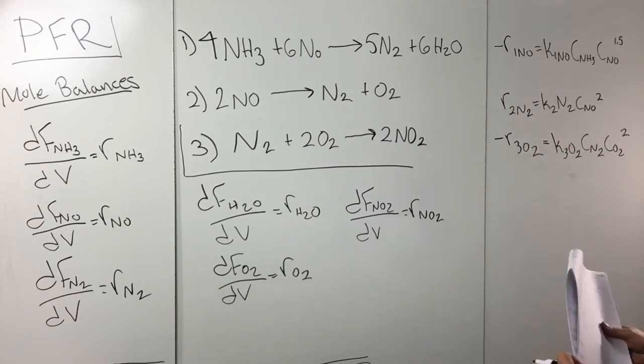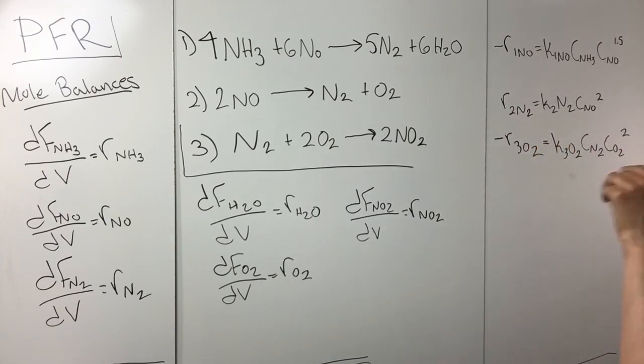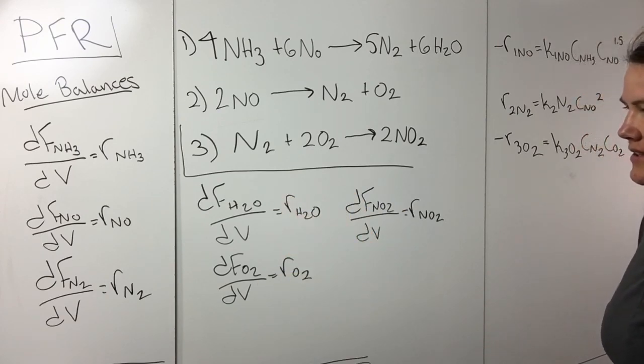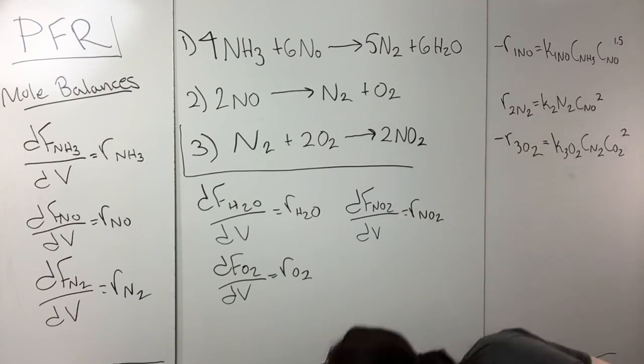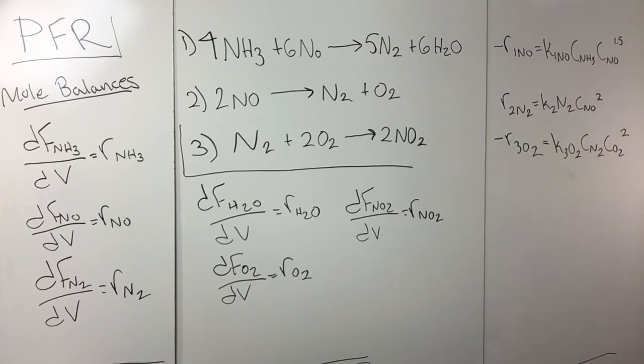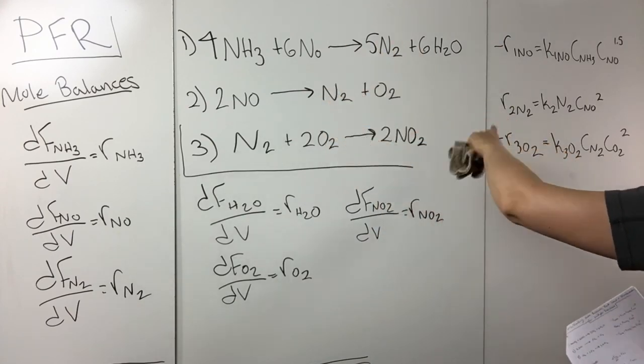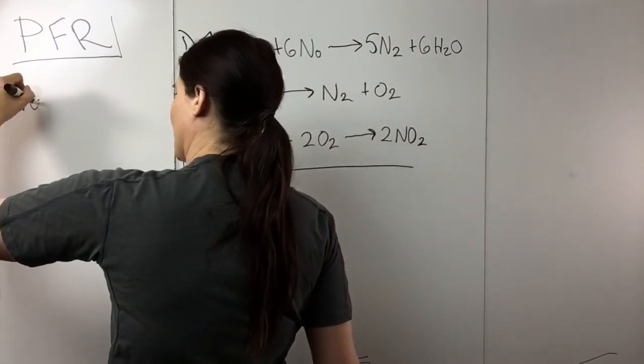This is also why, by now, hopefully you're using some kind of solver to solve your equations, because in this case you end up with 6 coupled ODEs, and you're going to have to solve that numerically. Next I want to write the rate laws, and I'm just going to erase everything except for these equations.